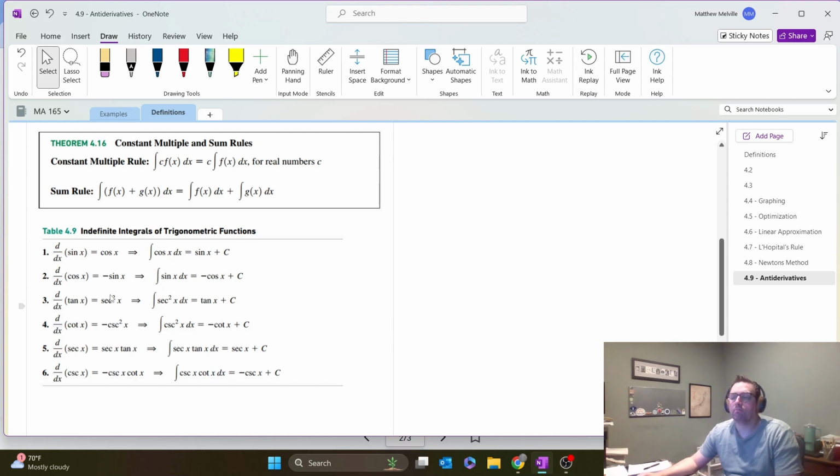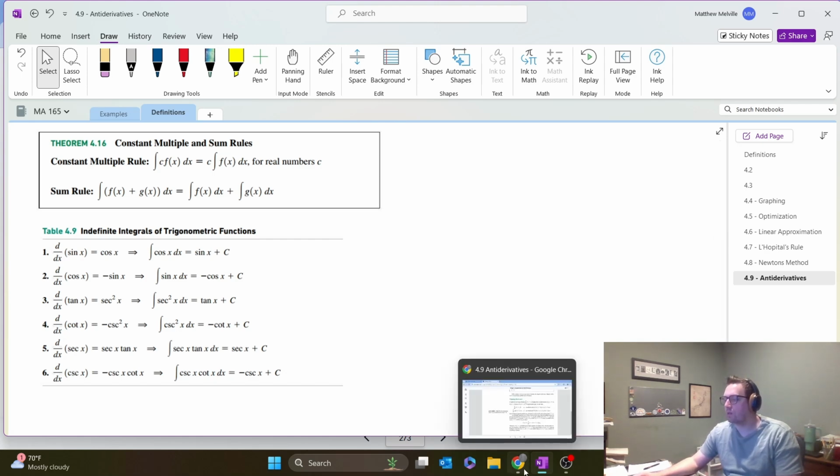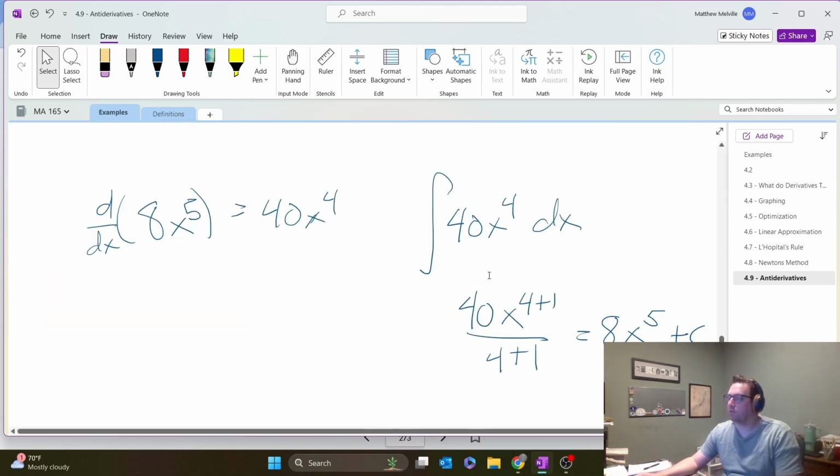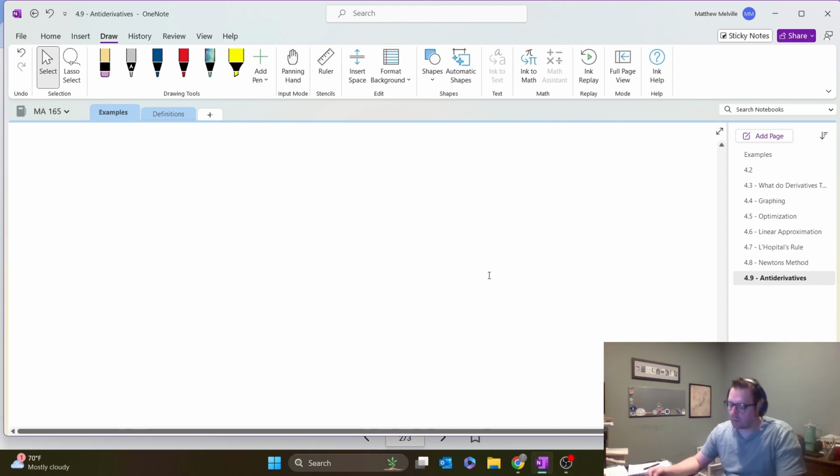So what I want you to realize on some of these is that the antiderivative of sine is not just cosine, it's negative cosine, because the derivative of cosine is negative sine. So the negative, if we bring it out front here, would make it positive sine. So you have to play around with negatives when you do antiderivatives of trig functions. So getting these families of functions can be kind of annoying.